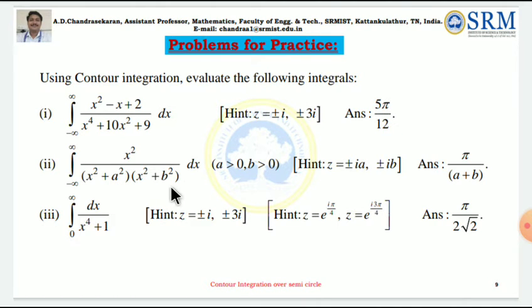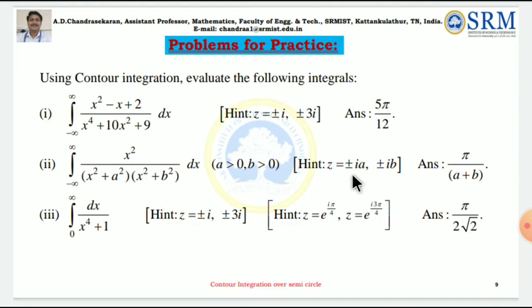The second one is a general problem. Once again, the integral from minus infinity to plus infinity of x squared by (x squared plus a squared) into (x squared plus b squared) dx, where a and b are positive constants. Once again there are 2 roots in terms of a, 2 roots in terms of b.